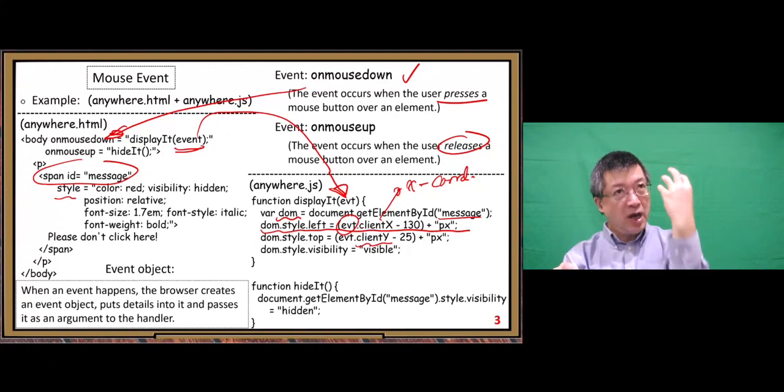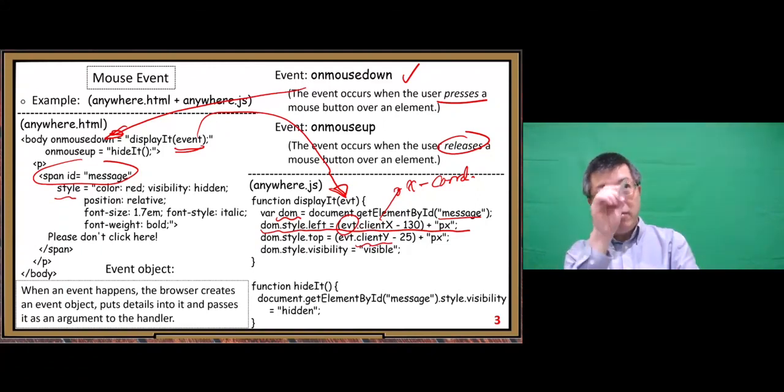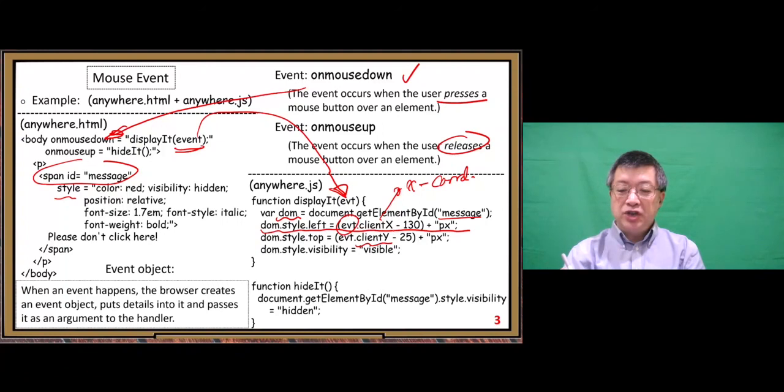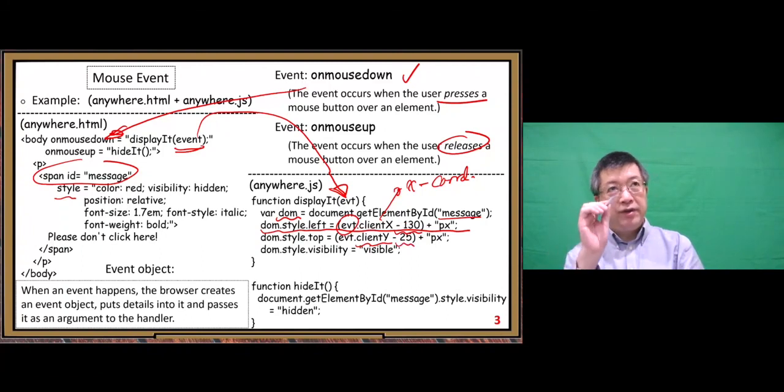So you retrieve the mouse tip location, X coordinate and Y coordinate. But after that, you adjust a little bit: minus 130 pixels and minus 25, numbers in pixel units.